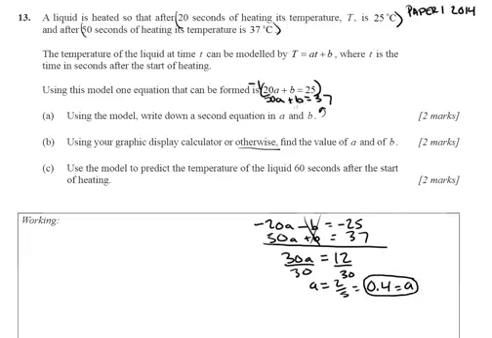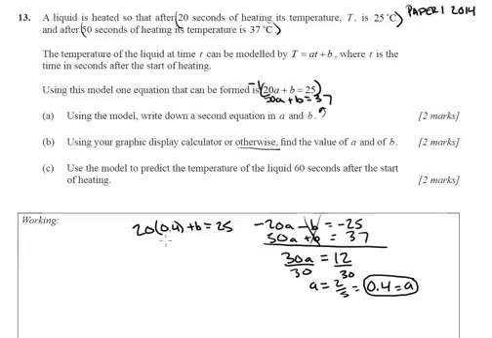And now that we know what A is, we can figure out B by plugging A into either one of these equations, but I think this first one here is going to be easiest, so let's do that over here. So we've got 20 times A, which we now know is 0.4, plus B is going to give us 25, right?